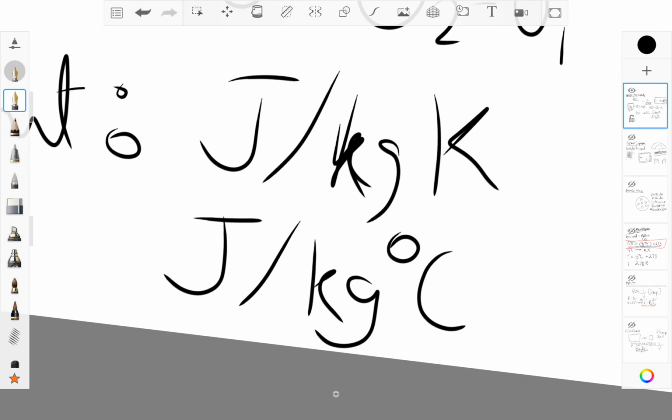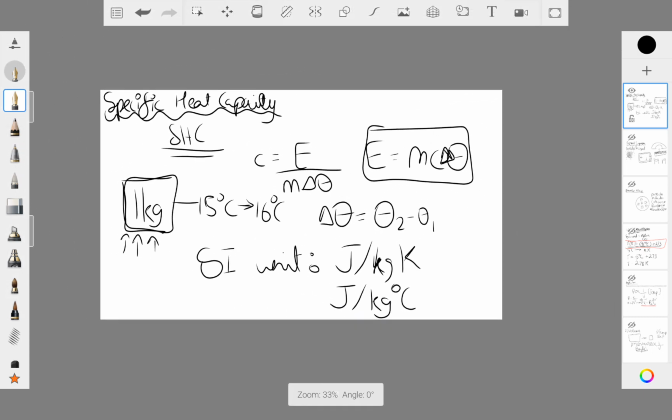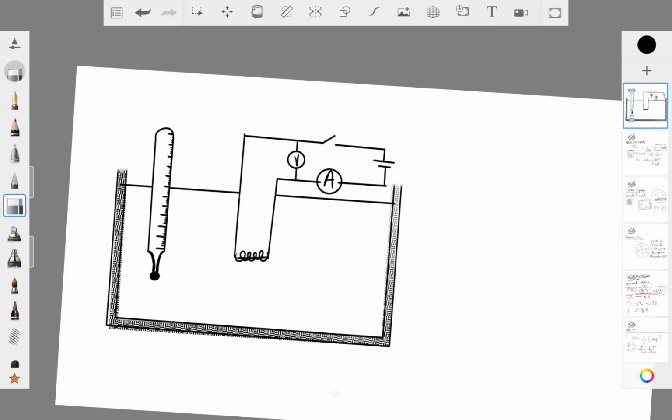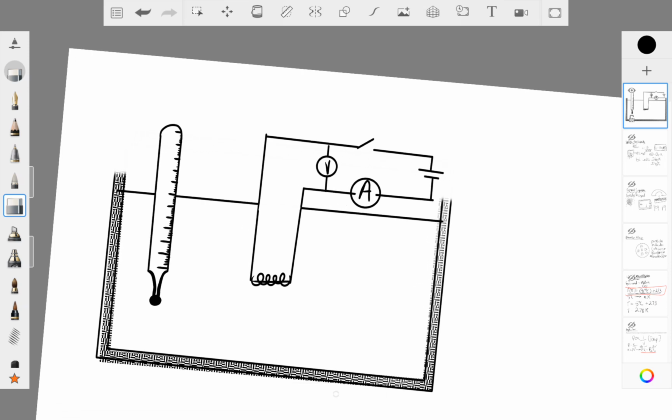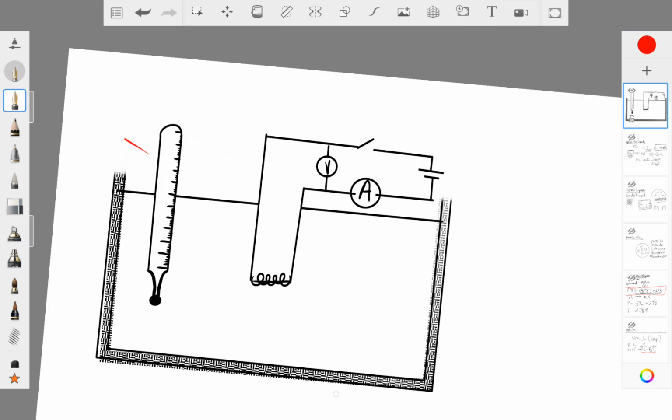Now, we'll be looking at a small experiment for determining the specific heat capacity of water. This is the basic setup that you need when you want to find out the specific heat capacity of a liquid. Let's assume that this liquid is water. Some of the apparatus involved here are obviously a thermometer. So this is the thermometer.